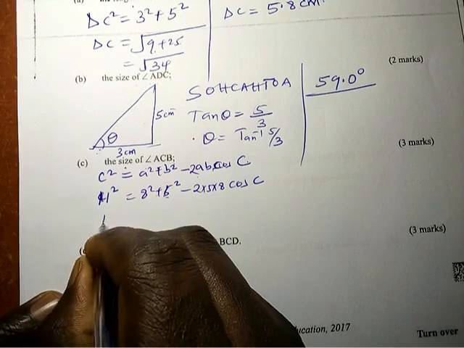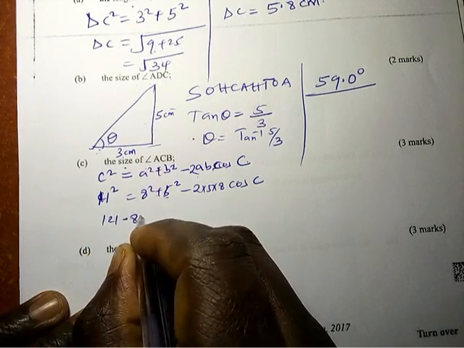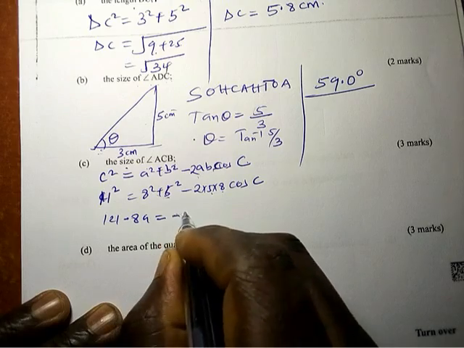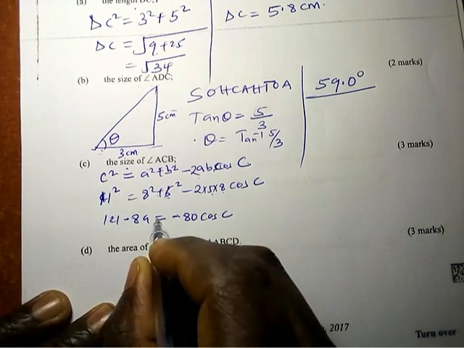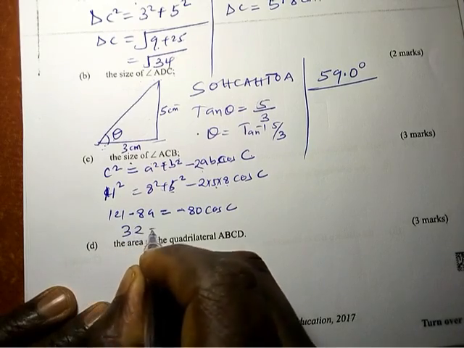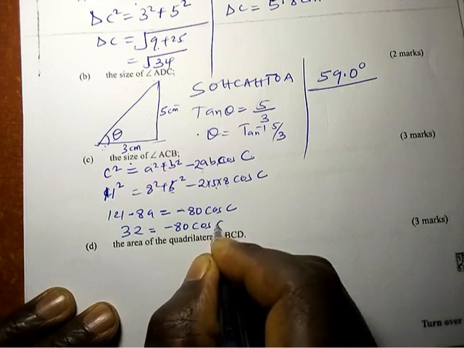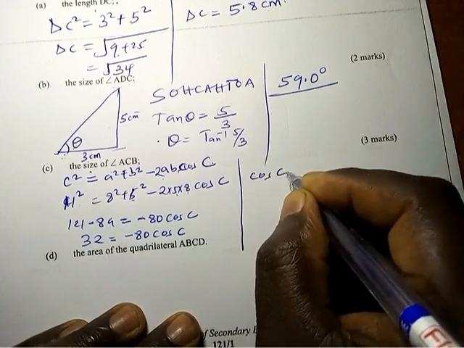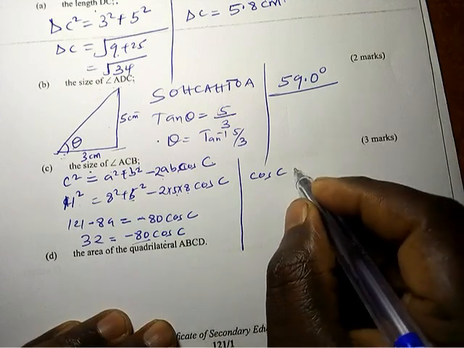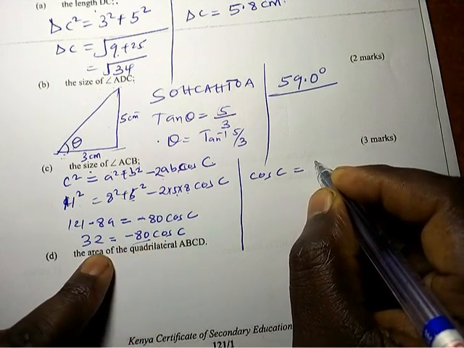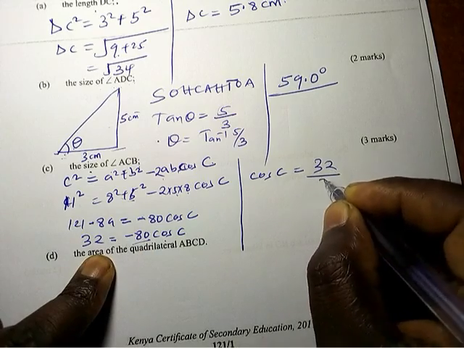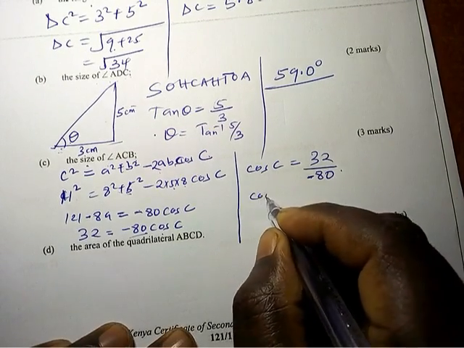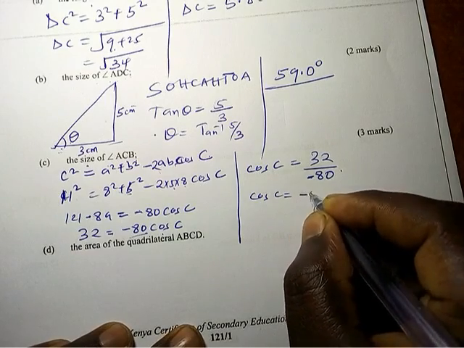We will have 121 minus the total here, 89, is equal to 40, 80 minus 80 cos C. So 32 is equal to negative 80 cos C. So cos C, we divide both sides, is equal to 32 divided by negative 80. So cos C is equal to negative 0.4.